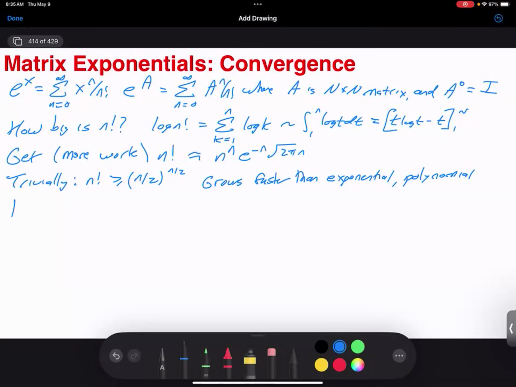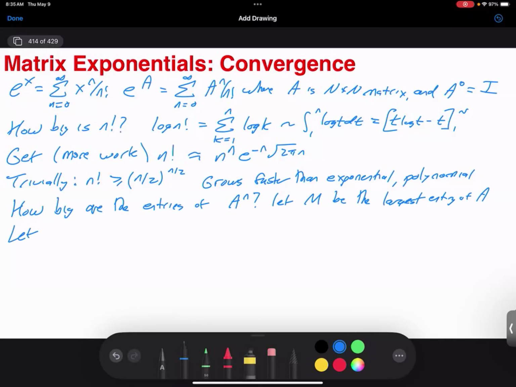So let's look at how big are the entries of A to the n. Let m be the largest entry of A. Okay. Let B equal the matrix of all entries being m.